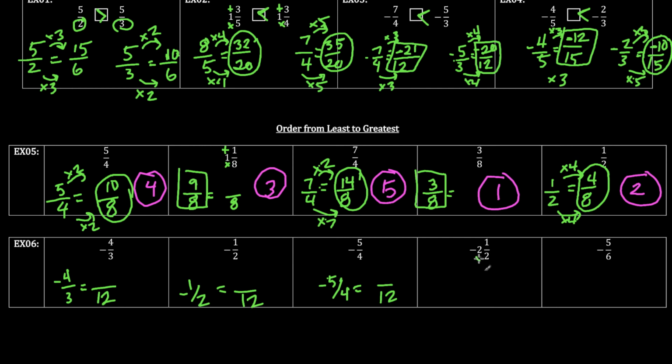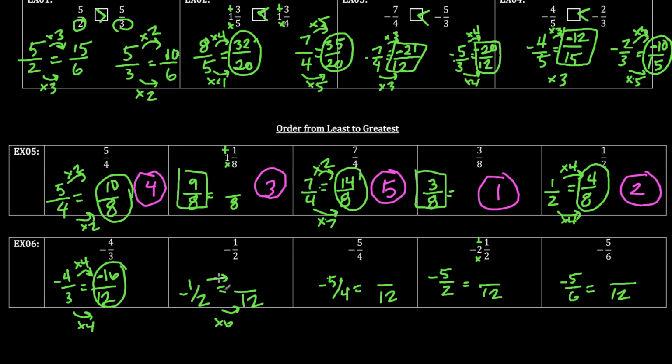I gotta change this mixed number. 2 times 2 is 4 plus 1 is 5. So -5/2 is how many twelfths? And -5/6 is how many twelfths? All right, times 4 is negative 16 twelfths. Times 6 is negative 6 twelfths.